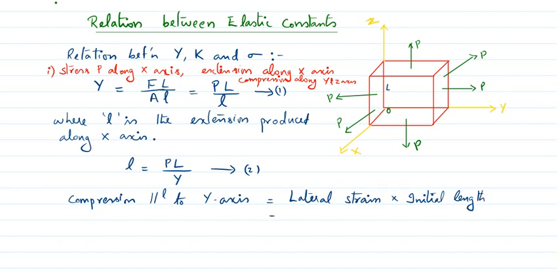Lateral strain we obtain from the equation of Poisson's ratio. Already you studied Poisson's ratio is the ratio of lateral strain to longitudinal strain. So lateral strain will be Poisson's ratio into longitudinal strain, into initial length.